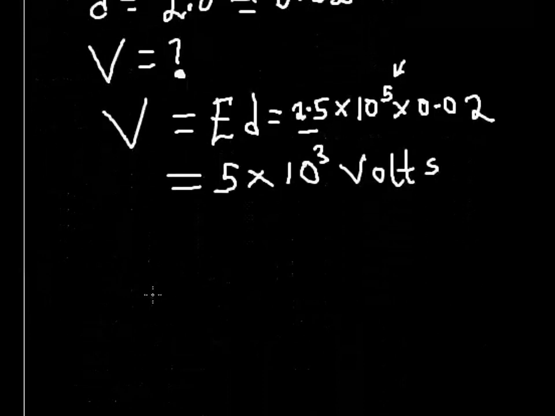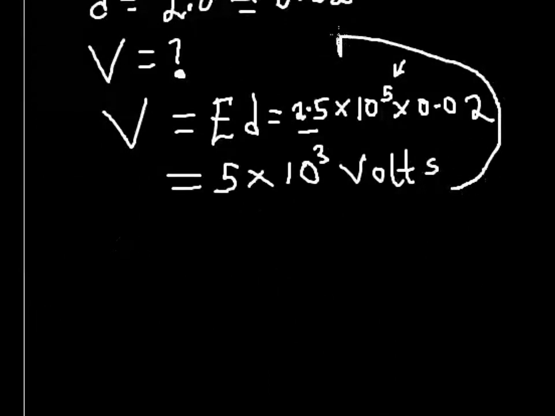Now, the speed of an electron, we can get it from the kinetic energy of the electron. So how does kinetic energy relate to all that we are doing here? Let me tell you how it's related. Already you know that potential difference, V, is the work done per unit charge.